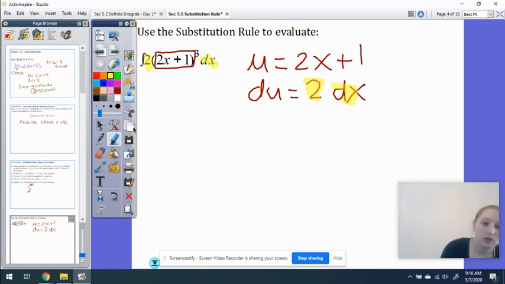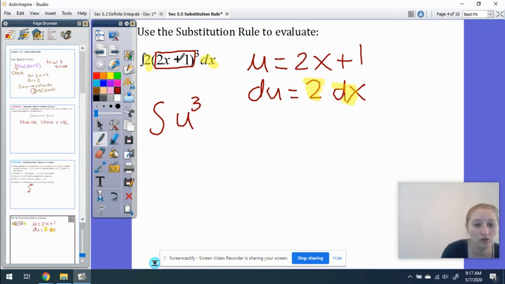All right, so now I'm going to rewrite my integral with u substituted in. So we're going to say u to the third, okay? So u to the third. Now, 2 dx is equal to du.